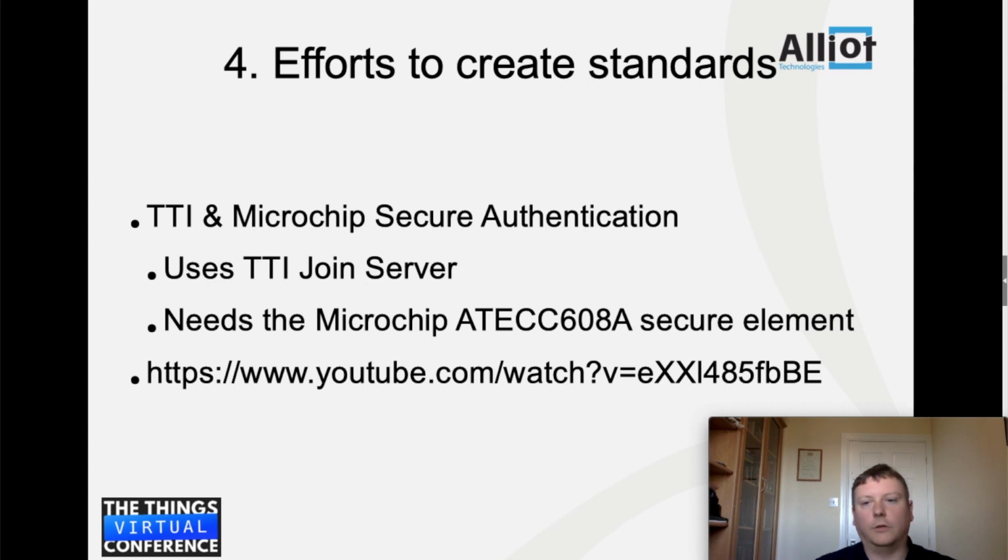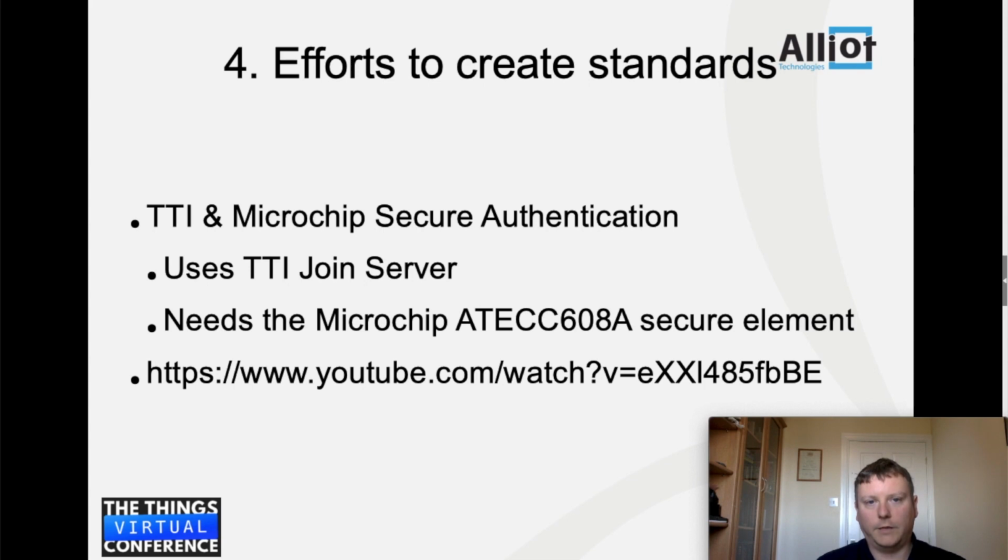And then the last thing I want to talk about is efforts to create standards. So, as an aside to these methods that are being used today, there's at least one or two efforts to actually create a standardized mechanism for doing this. And the most common one that I've come across has been invented by TTI, the Things Industries, which is the commercial arm of the Things Network, alongside Microchip, who are a company who make electronic components.